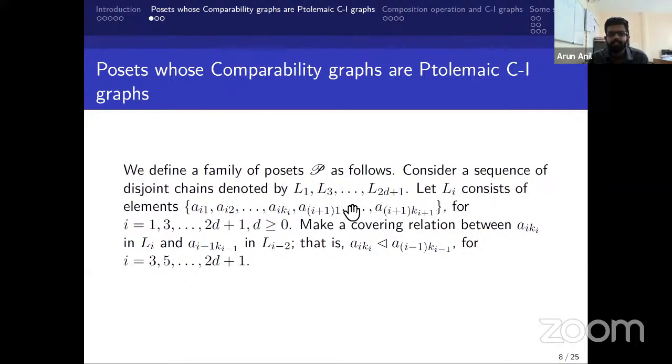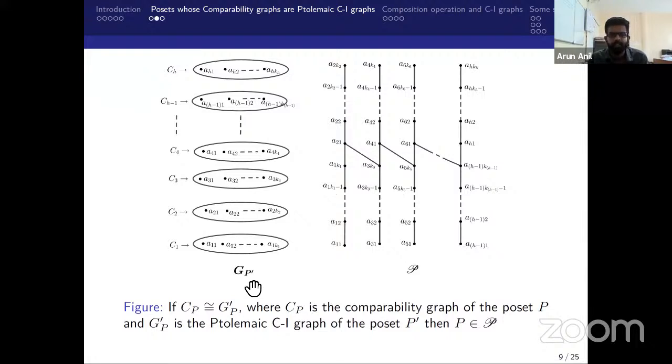Let Li consist of the elements a_i1, a_i2, up to a_iKi, and a_(i+1)1, up to a_(i+1)Ki, for i equal to 1, 3, up to 2d plus 1, and make a cover relation: a_(i+1)(Ki+1) covers a_iKi, where a_iKi is an element of Li and a_(i-1)(Ki-1) is from L(i-2). This is the figure-wise representation.